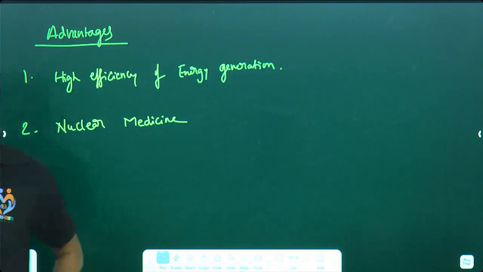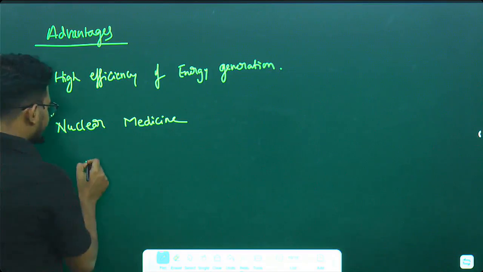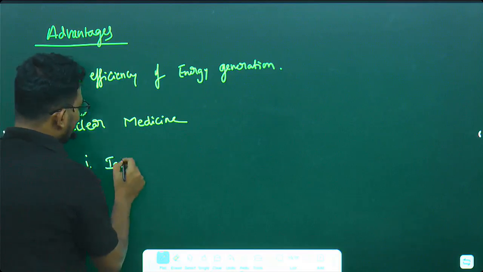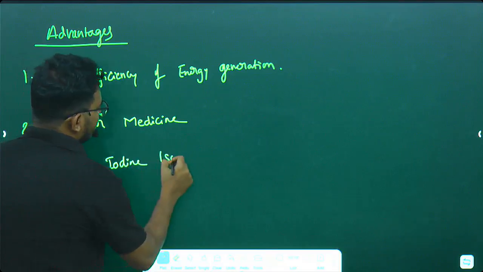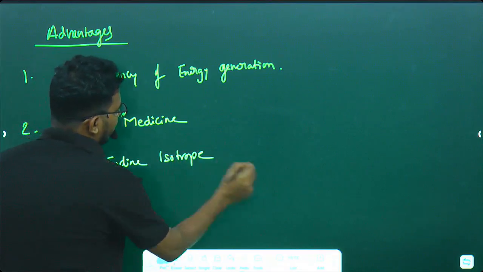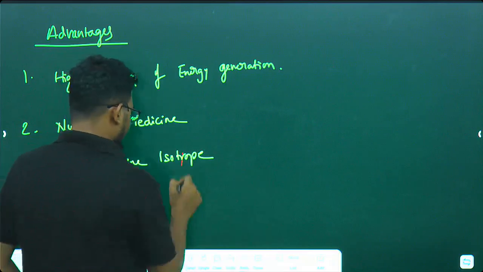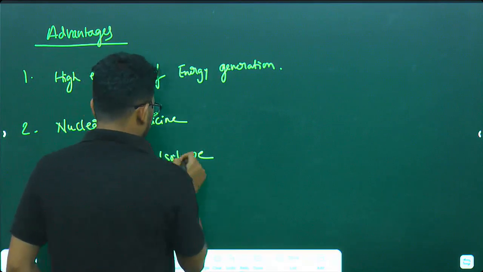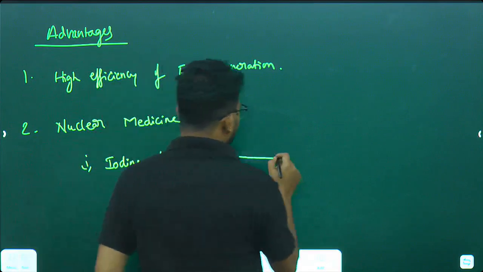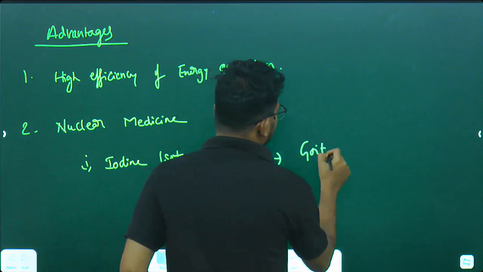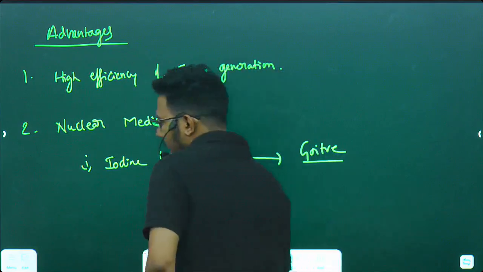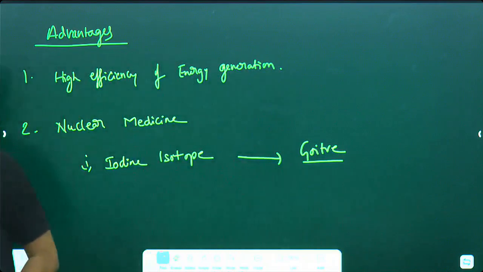For example, first, iodine isotope, which is used in the treatment of a disease called goitre, a throat disease.